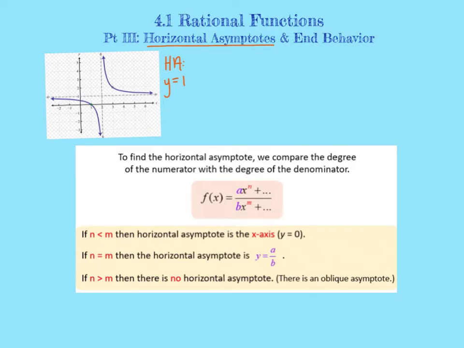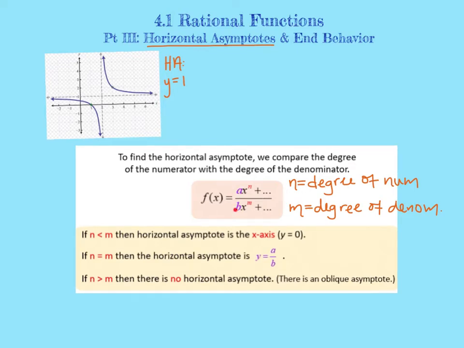We call the degree of the numerator n, and we call the degree of the denominator m, as shown here in f of x. So n is the degree of our numerator, while m is the degree of our denominator. We also see that a and b are the lead coefficients of the numerator and the denominator, respectively.